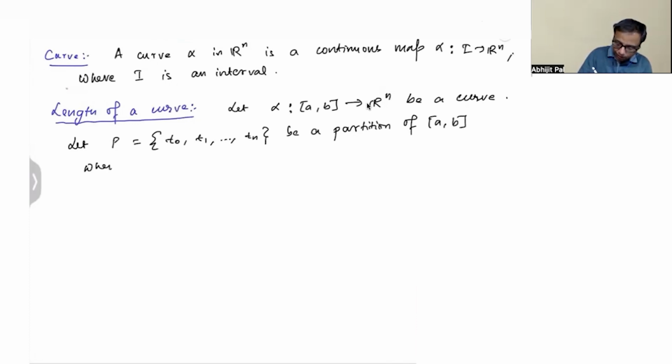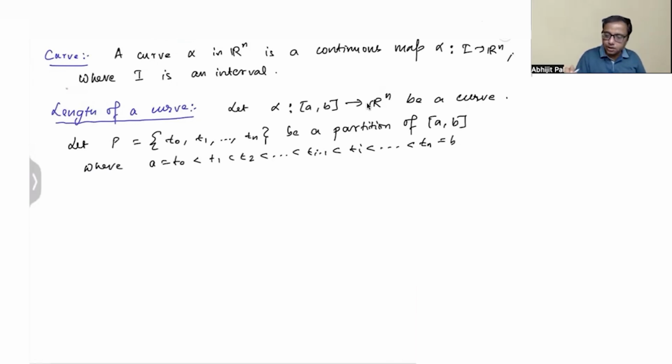Where A is equal to T0, T0 is less than T1, T1 is less than T2, and so on. So Ti minus 1 is less than Ti, and Tn is equal to B. So P is a partition of this closed interval AB.